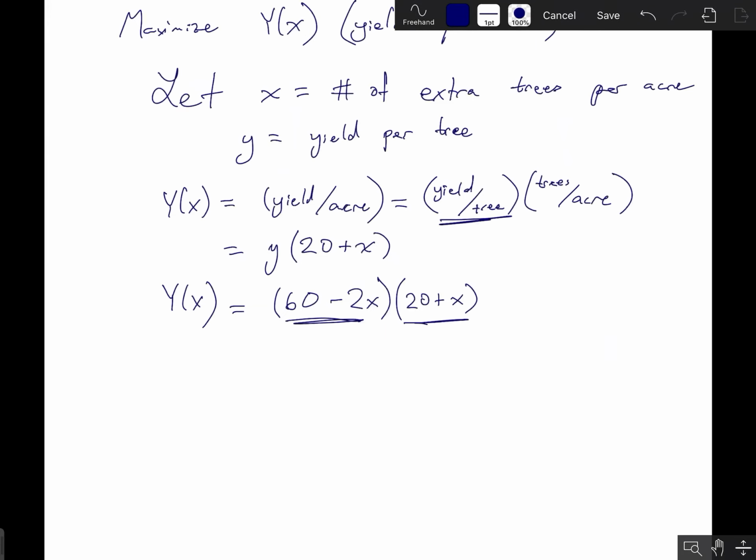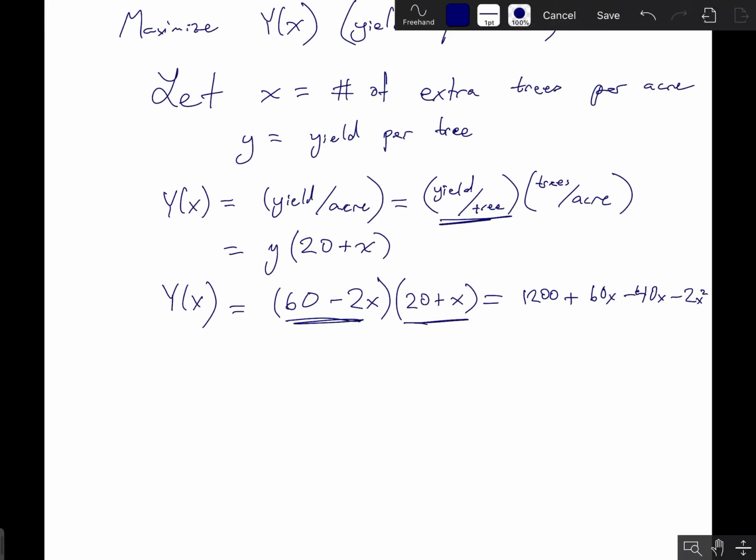So I want to maximize this function, and I can leave it in this form and just start taking derivatives, but I usually like to try simplifying at this stage so that I don't have to use the product rule. If I do that, then I would need to FOIL. The product of the first 2 terms, 60 times 20, gives 1200. The product of the outer terms gives 60x.